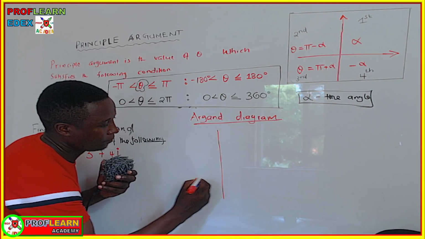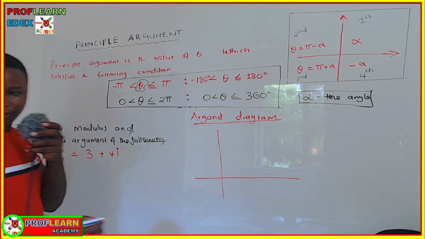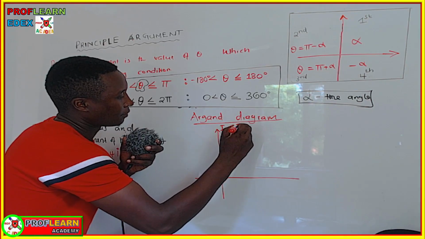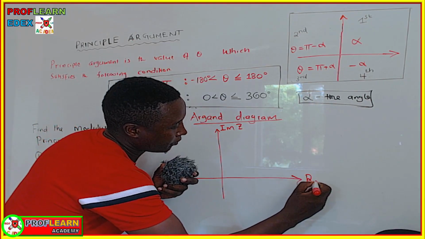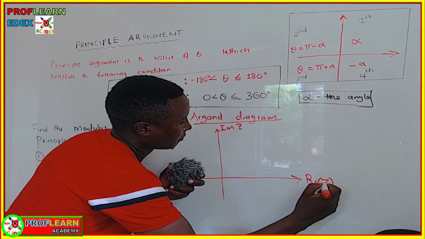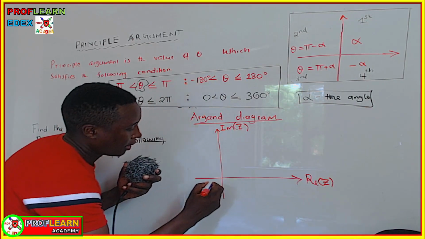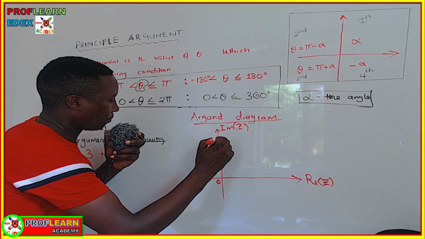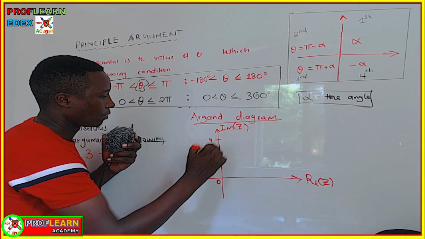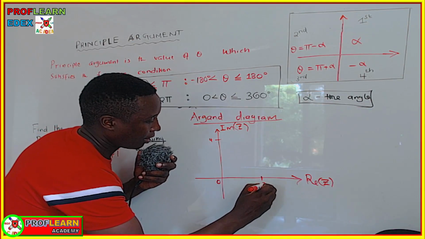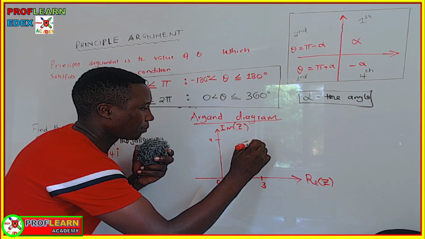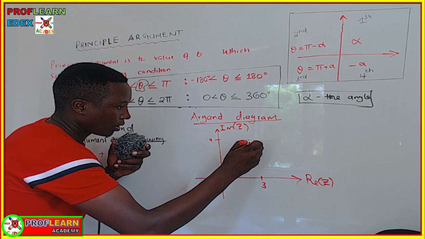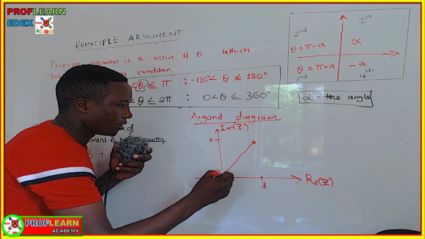We are going to say on the Argand diagram, that's going to be the imaginary Z, we have the real Z, and we have the origin. So meaning that on the imaginary part, we have 4. On the real part, we have 3. So this point represents that complex number there. So we can join through the origin like that.